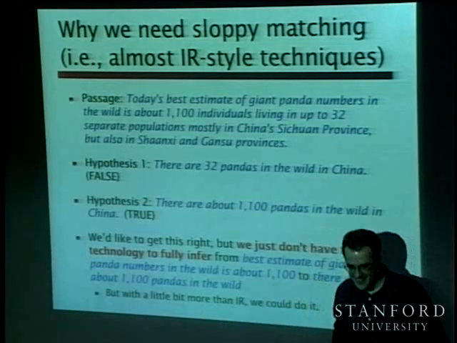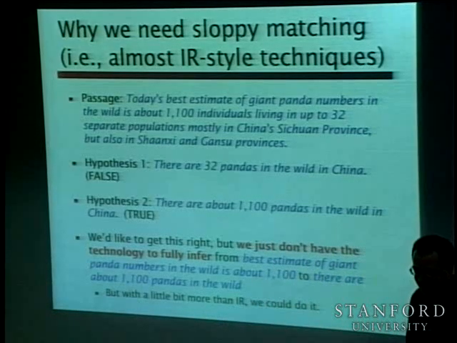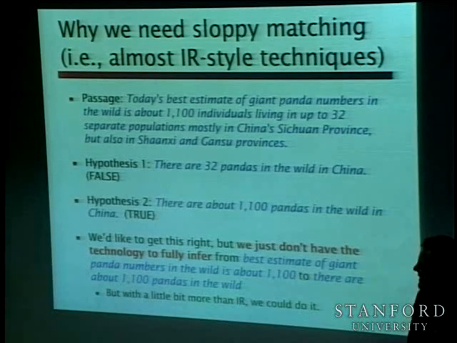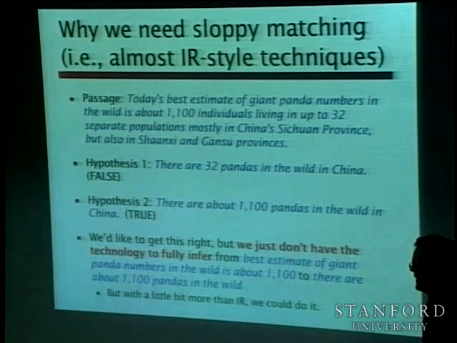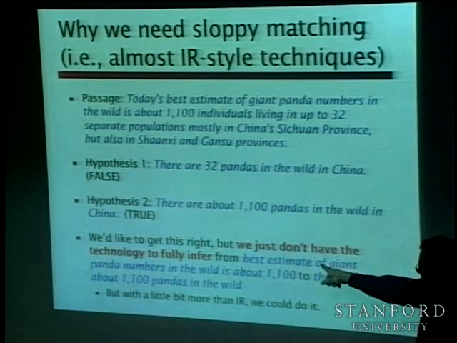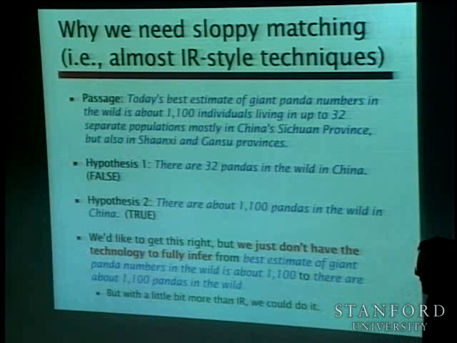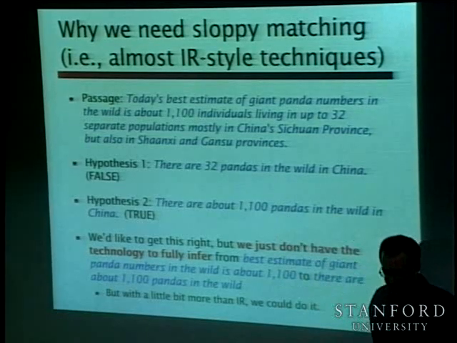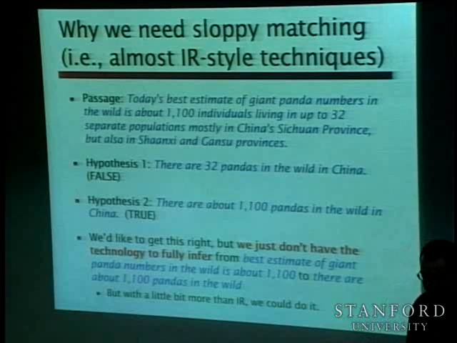And this is a lot of complex stuff. In a perfect NLP system, maybe you'd have a system that could understand all of that perfectly and would know that best estimate of giant panda numbers in the wild is about 1,100 is equivalent to there are about 1,100 pandas.